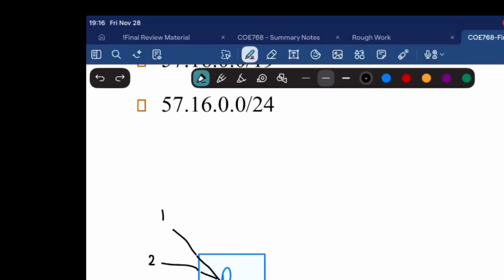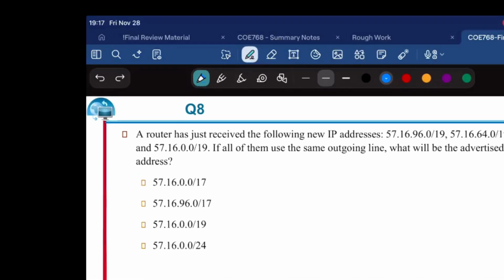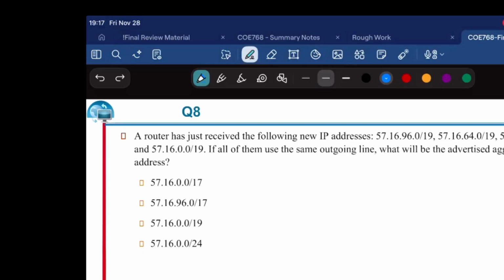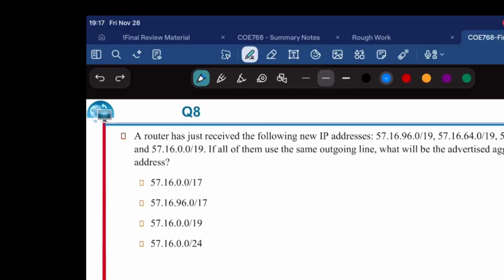This is like when you have a modem: you have just one line provided by your ISP, your internet service provider, into that router, and all your local devices are able to use that router to communicate out to the world. The same thing we'll be trying to do here: ensuring that we can aggregate all four of these networks and put them out on the same line, and figure out which of the four options given is capable of doing that.